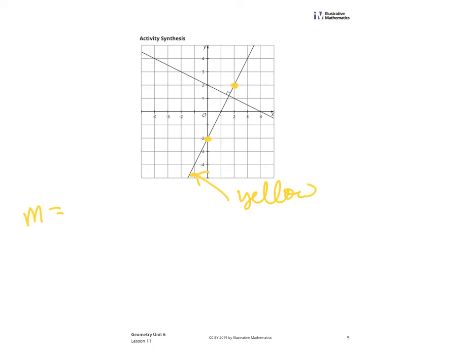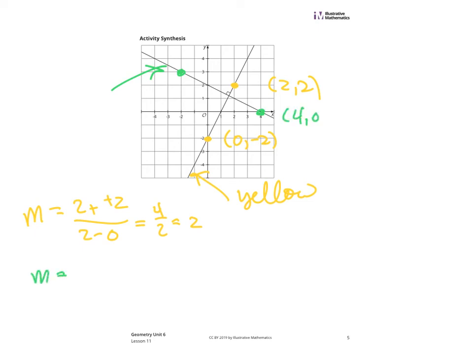I'm going to do (0, -2) and (2, 2). Change in y over change in x: 2 minus a negative 2 over 2 minus 0. That's going to give us 4 over 2, a slope of 2. Now the green line. I can pick this point and that point. So this is (4, 0) and (-2, 3).